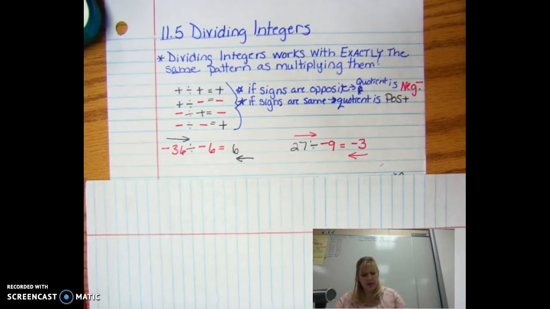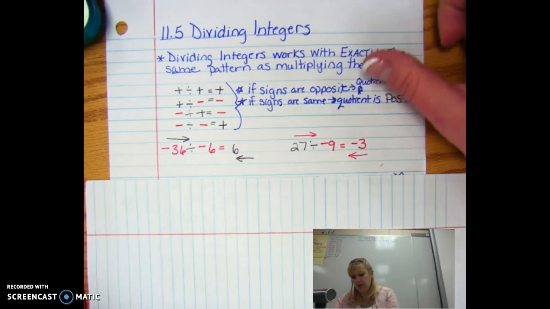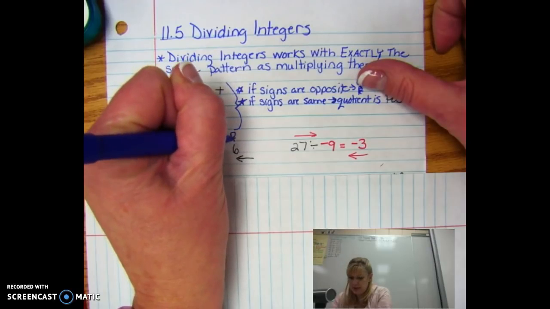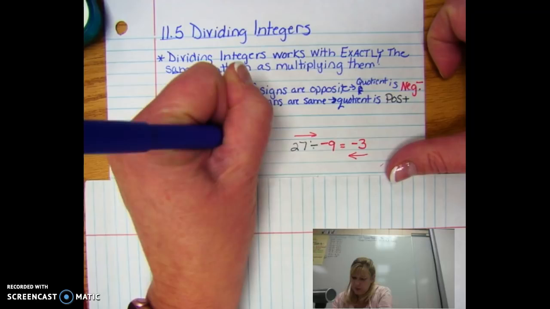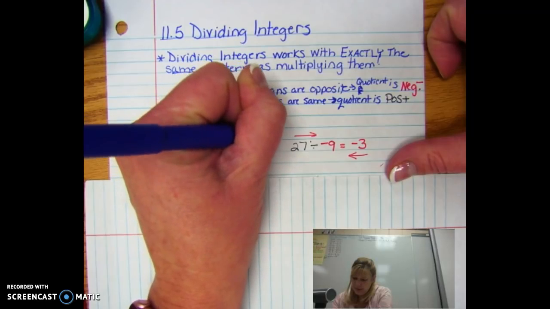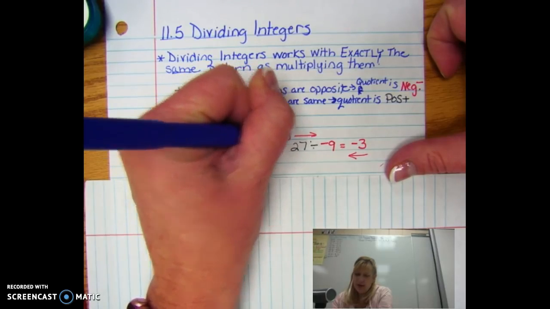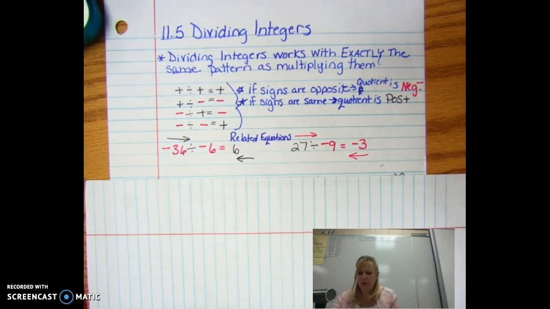So I'm going to talk to you next about related equations. And I'm going to write the word equations. So you always remember that if you were looking when you were a young child at 8 divided by 2 equals 4, sometimes when you said 8 divided by 2, you could solve it by going, okay, what times 2 is 8?